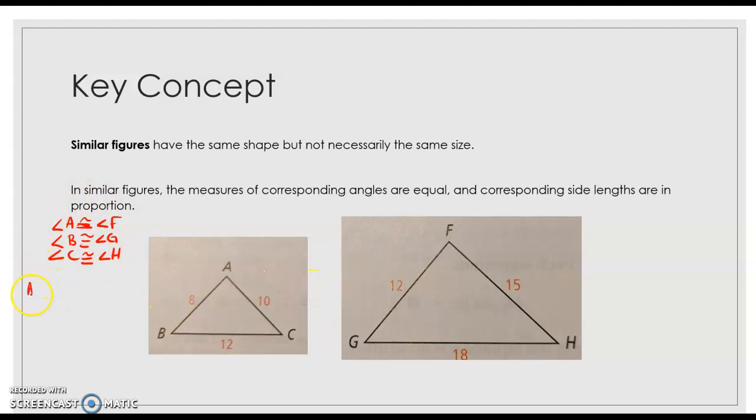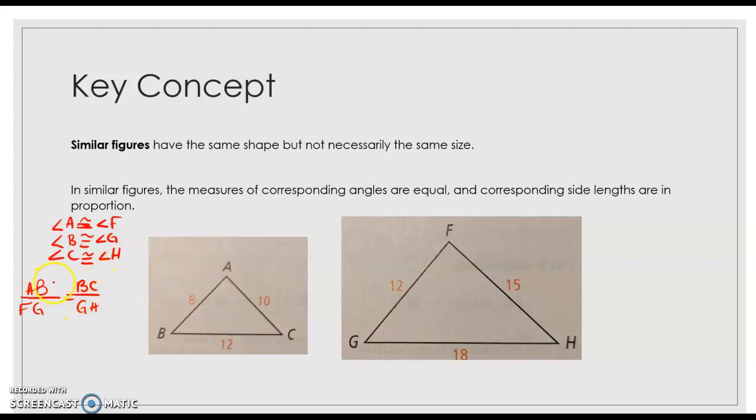And so I would know that side AB over FG would be equal to BC over GH.